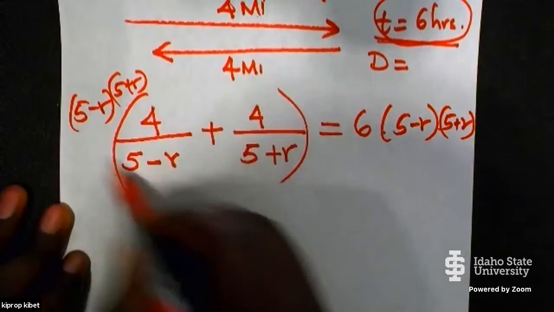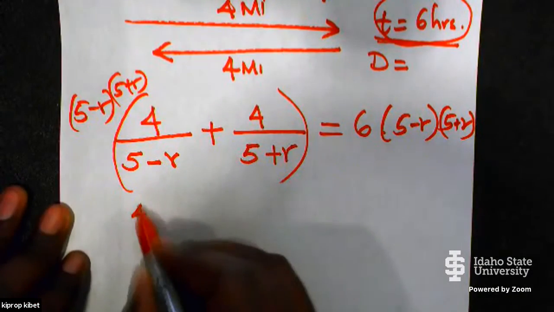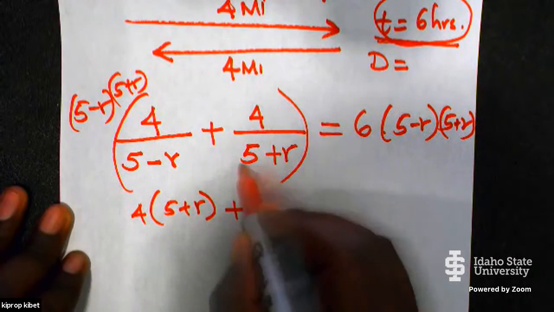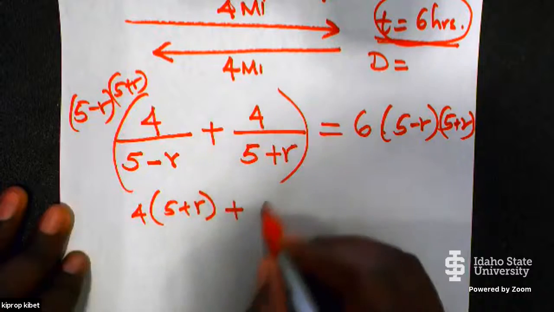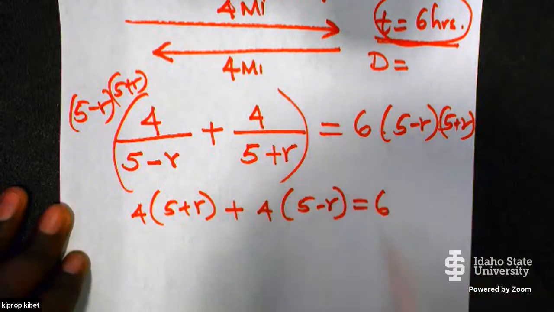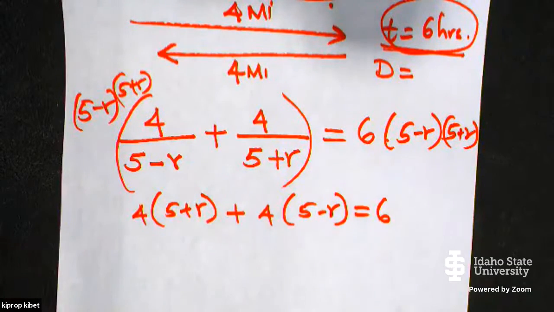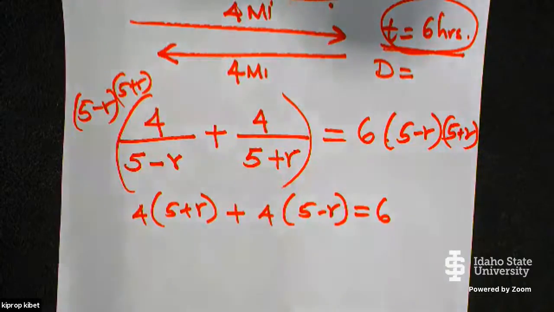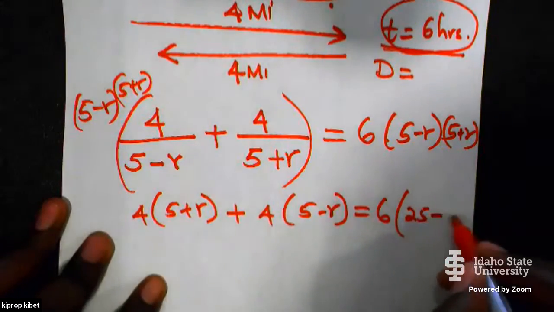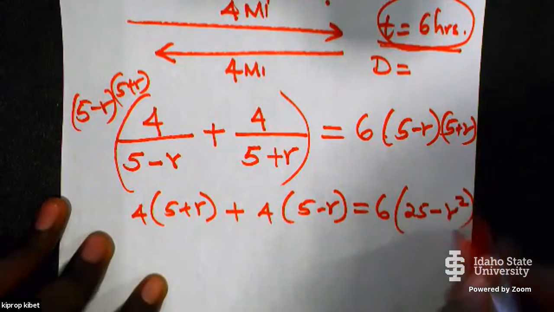When you cancel this and that, you get 4 times 5 plus R, plus, cancel that and that, 4 times 5 minus R, equals 6. So 5 minus R, 5 plus R is a difference of 2 squares, right? So it would be 5 squared is 25 minus R squared.